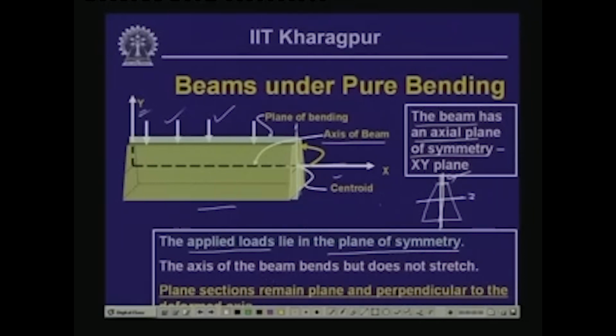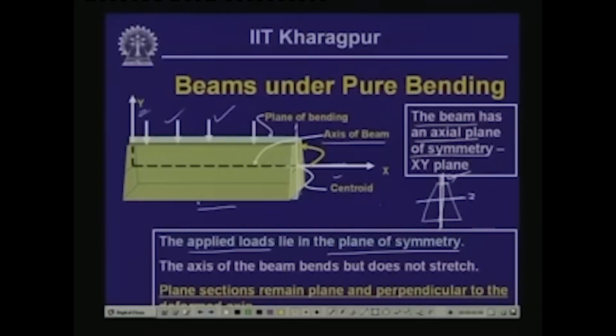Now, because of the loading, as we have seen, it will be subjected to shear force and bending moment, and it will also undergo deformation. When it undergoes deformation, the axis of the beam which we have chosen undergoes bending, and we assume that it does not undergo stretching. And the most important assumption which we make over here is that plane sections remain plane.